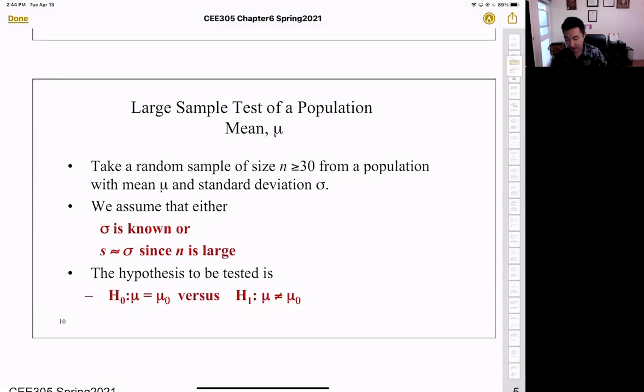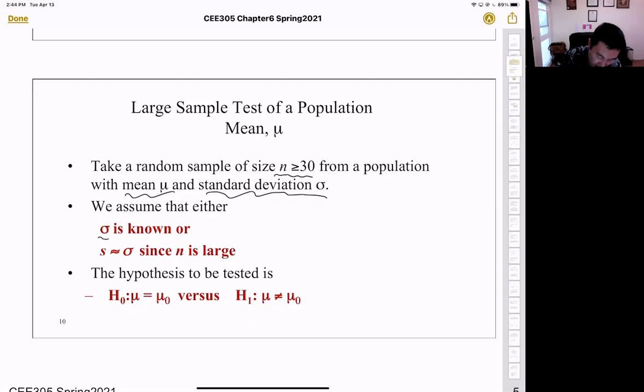So we just discussed a sample of hypothesis test. For large sample hypothesis test for population mean, of course, the requirement is the sample size is larger than 30, with mean value mu and standard deviation sigma.